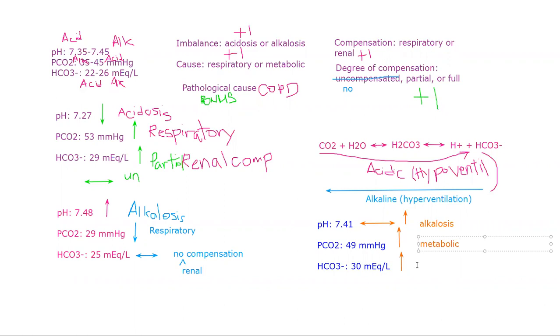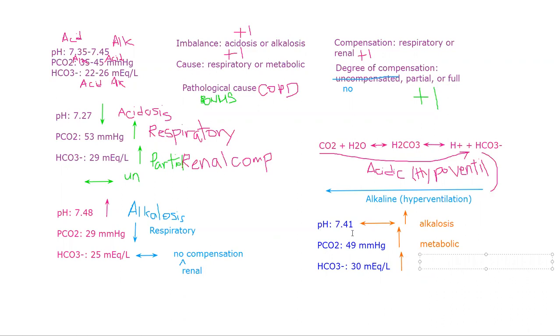Okay, and then we look at our value right here, and so we know that if it's a metabolic cause, then it's going to be respiratory compensation. But what kind of respiratory compensation? Well, I was in an alkalosis state, so my pH was high. I held my breath. I retained CO2 to help bring my numbers back down again, and I at least got it back down to normal range. Now, I still have an issue.